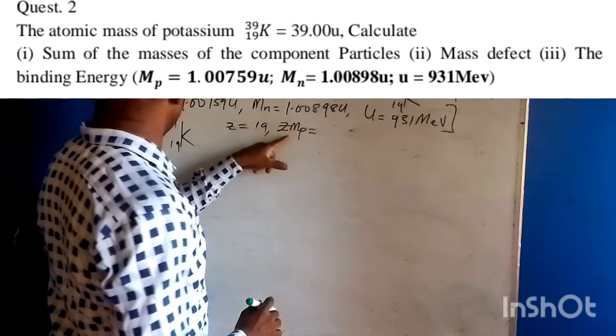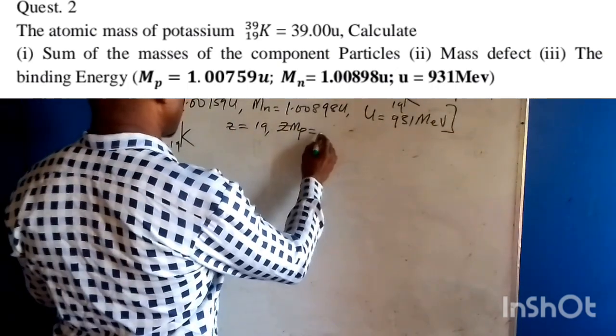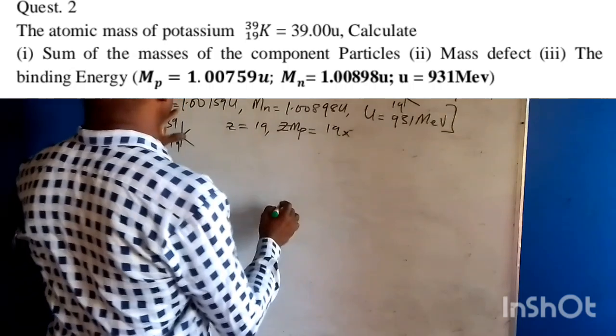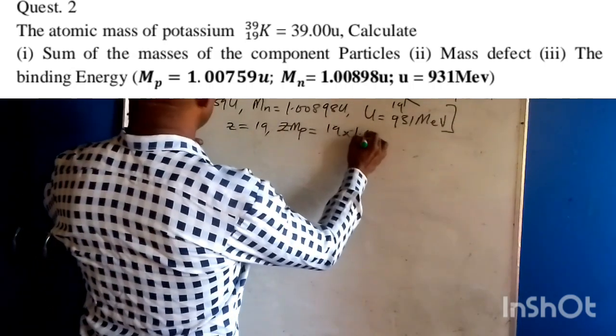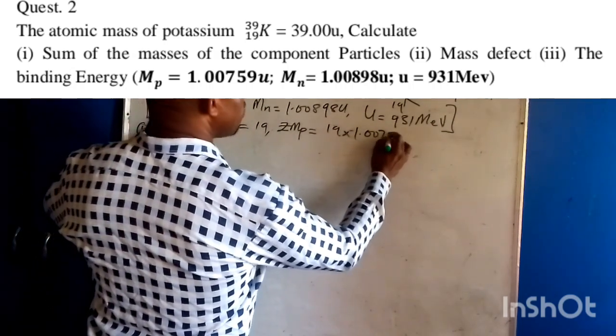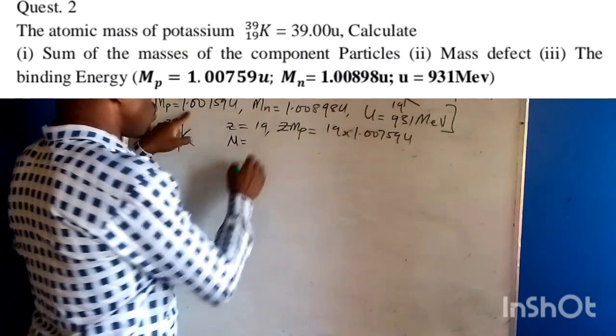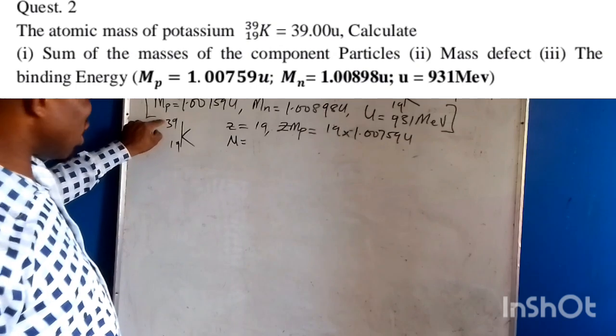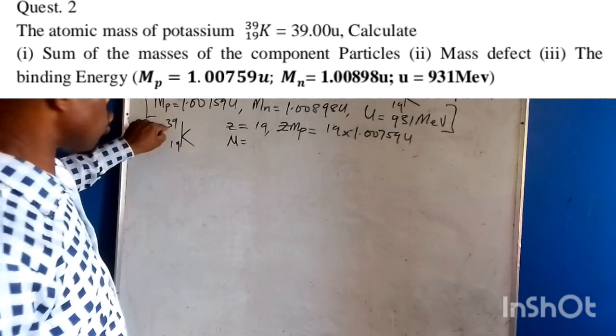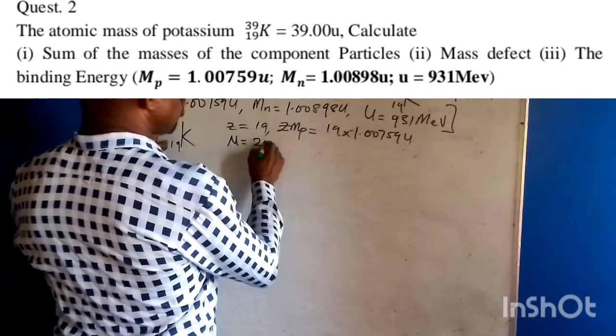The mass of proton is this. So we have 19 times 1.00759 U. N is the number of neutrons. 39 minus this gives us the neutron number, which is 20. So the number of neutrons is 20.